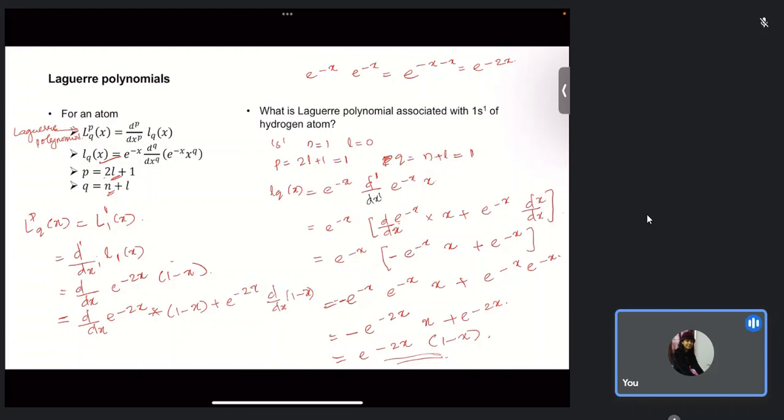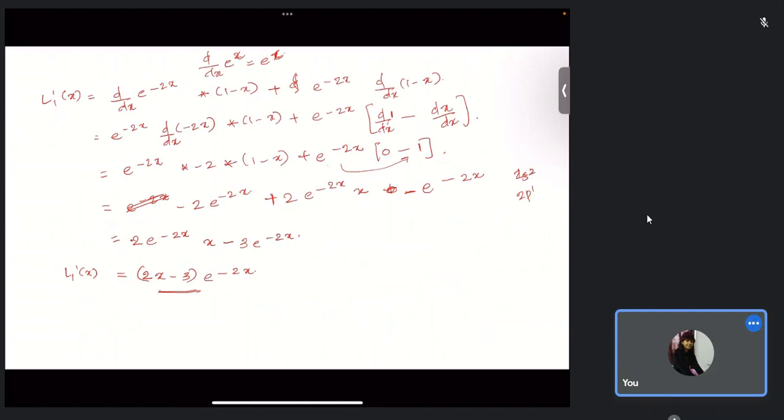Yeah. So here, for any particular electron configuration, if you have the n and l values, you will be able to calculate the Laguerre polynomial associated with it. Let's move on to the atomic spectrum of the hydrogen atom.